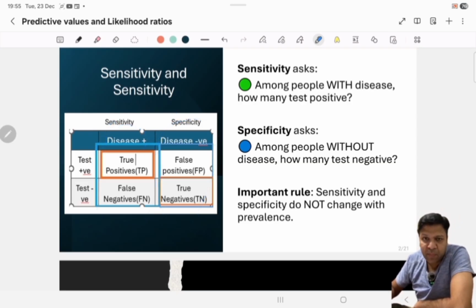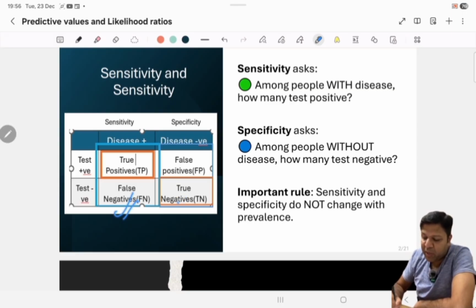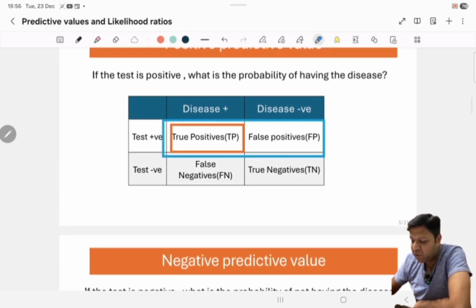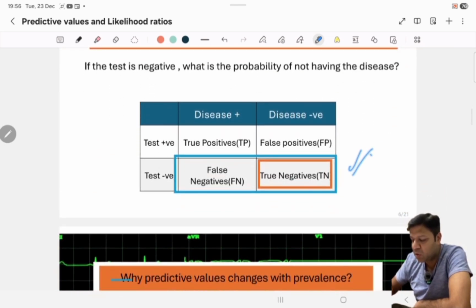Till now, the important points we have discussed are that predictive values depend on prevalence, while likelihood ratio, specificity and sensitivity do not depend on prevalence. For sensitivity and specificity, you look down the disease positive and disease negative columns respectively, and for positive and negative predictive values, you look at the 2 by 2 table horizontally.